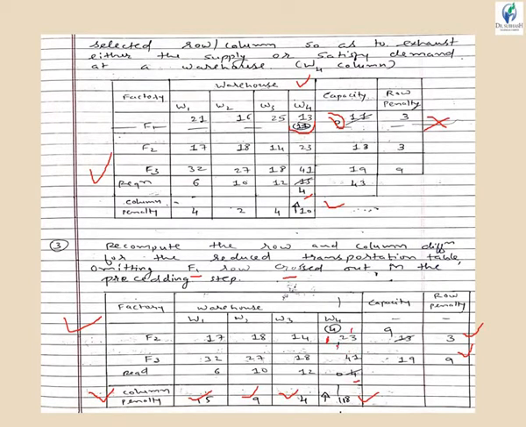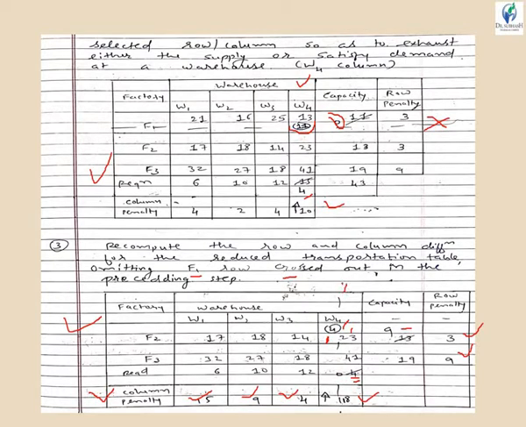Now selecting how many values can be allocated. For W4 the requirement is 4 and the capacity of F2 is 13. From 4 and 13, whichever is the smallest, that we will allocate. So we have allocated 4 over here. Now warehouse 4's requirement, that was 4, is satisfied.